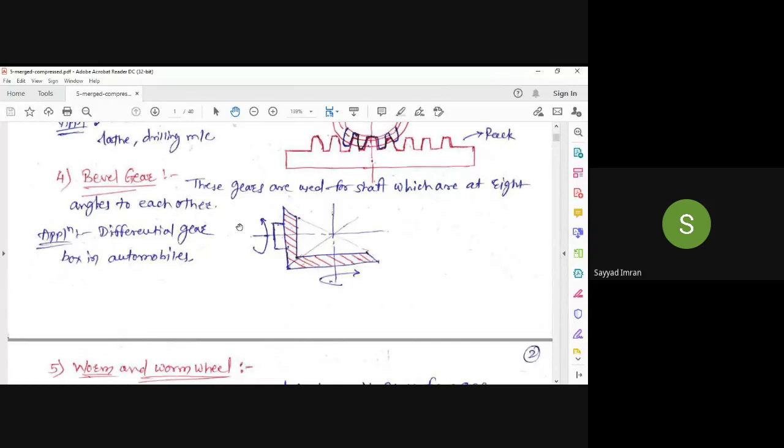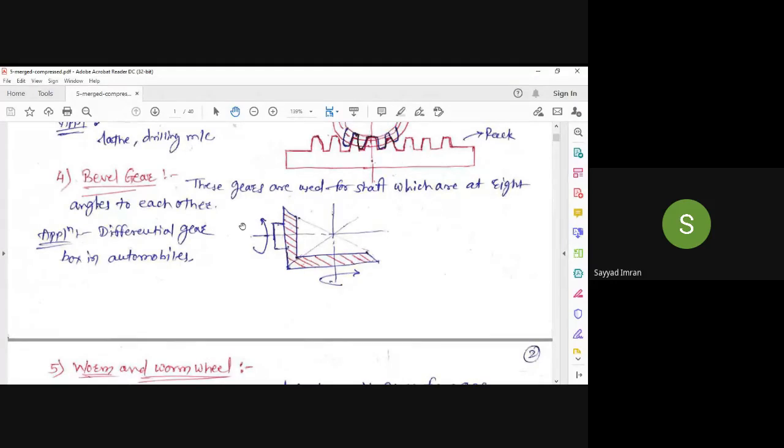Where it is used is a very important application. Bevel gears are used in the differential gearbox in an automobile. You have observed heavy trucks and buses, ST buses. If you carefully observe the underbody, at the bottom side, one long shaft is always rotating. That shaft is known as the propeller shaft.